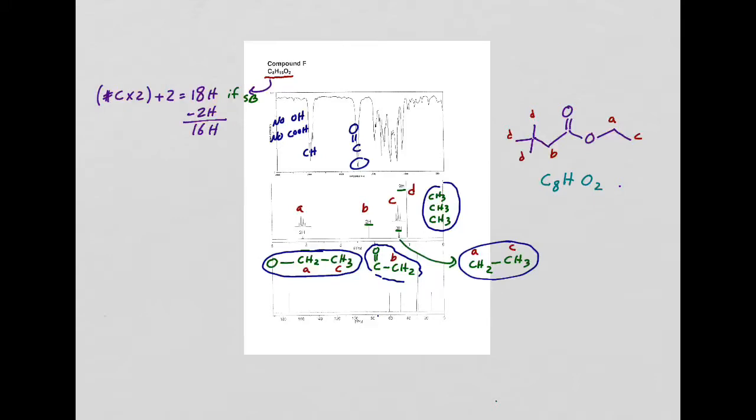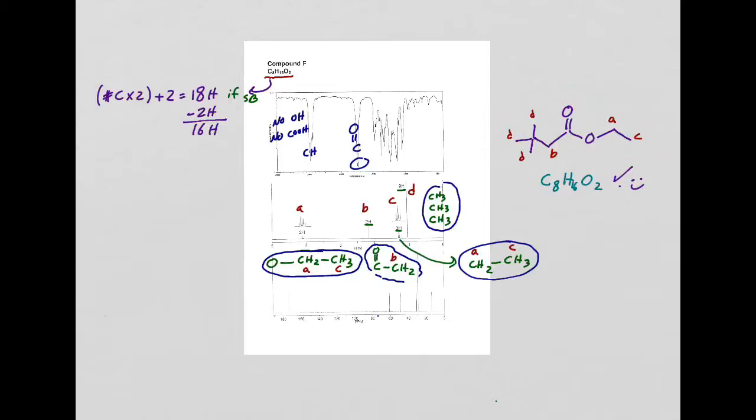Let's count it the old school way. 1, 2, 3, 4, 5, 6, 7, 8, 9, 10, 11, 12, 13, 14, 15, 16. Yay! Makes me feel so much better when I count those and they're a match. Okay, big smiley face. Now, let's go over, see if the proton NMR actually backs up this structure.